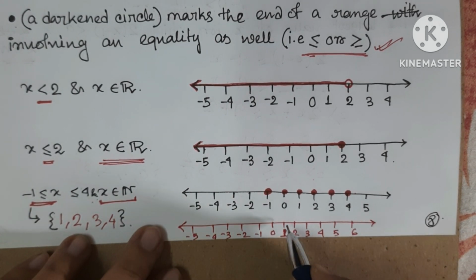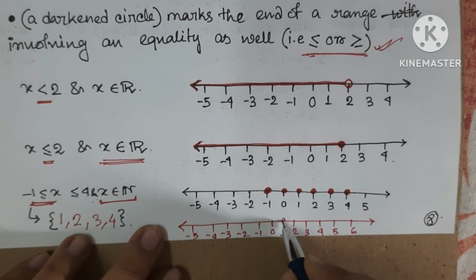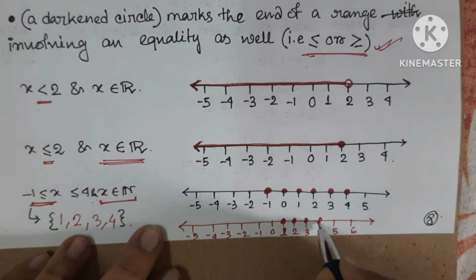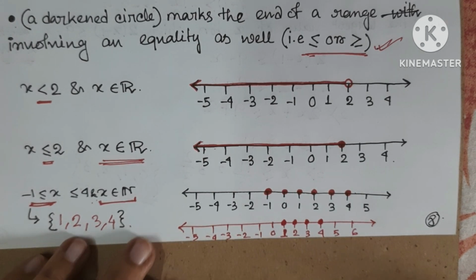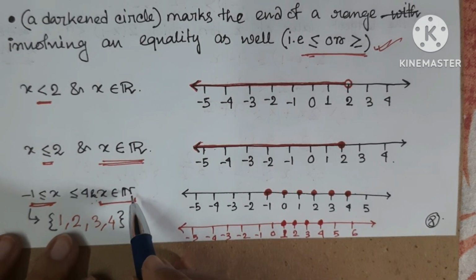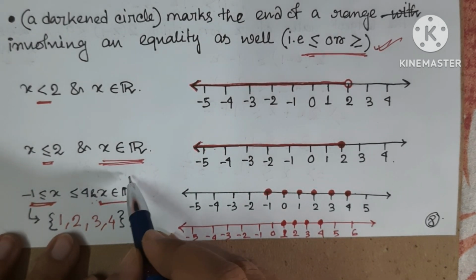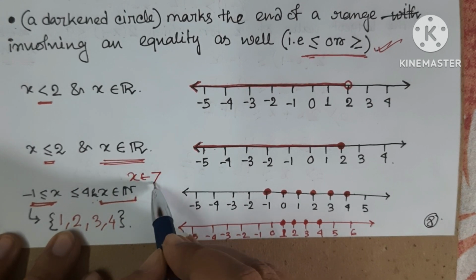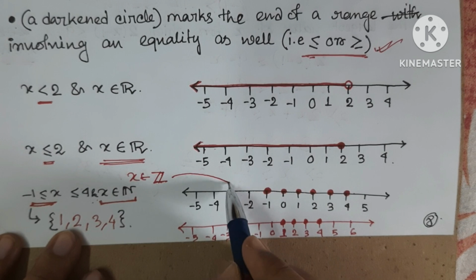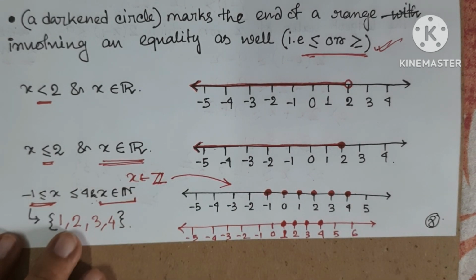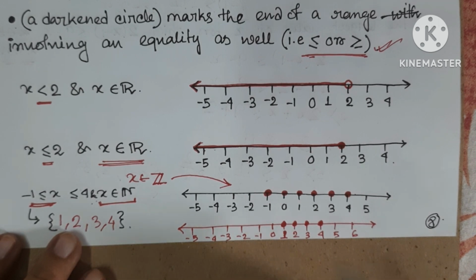You just need to see 1, 2, 3 and 4. Only this will be the answer. But if x belongs to Z, then the solution will be this, because minus 1 and 0 will be included in this set.